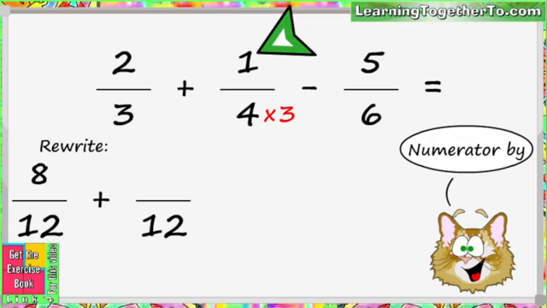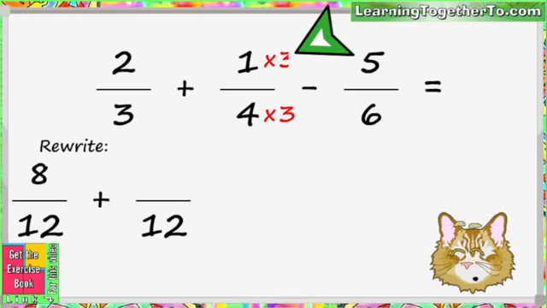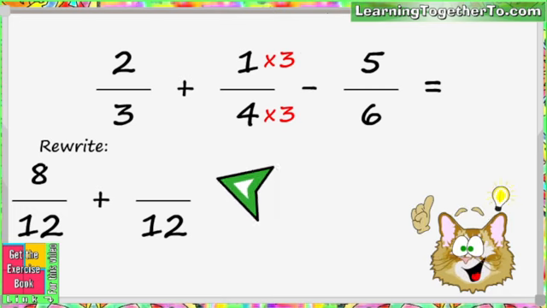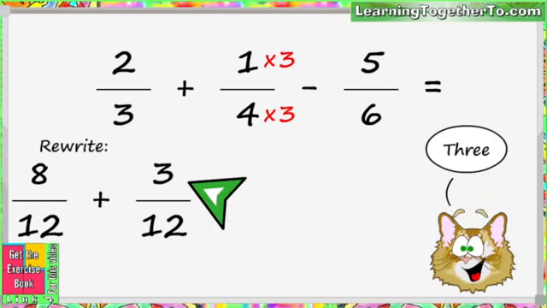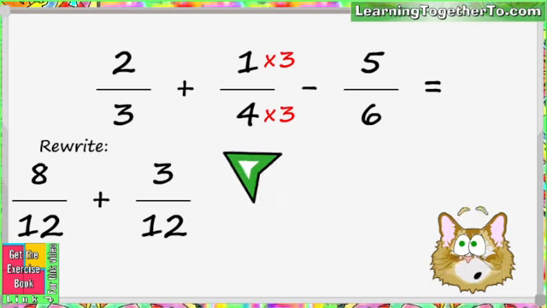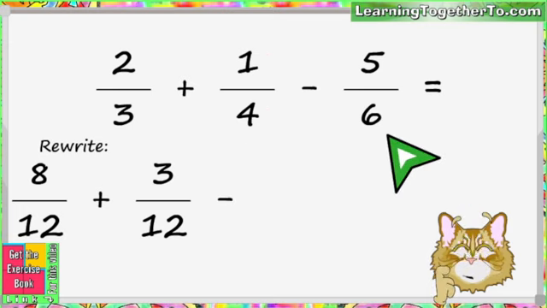Well done, Frank. If we multiply the denominator by 3, we must also multiply the numerator by 3. 1 times 3 is equal to 3. Excellent, Frank.